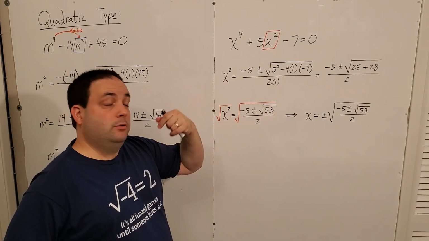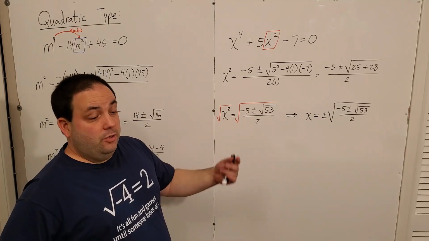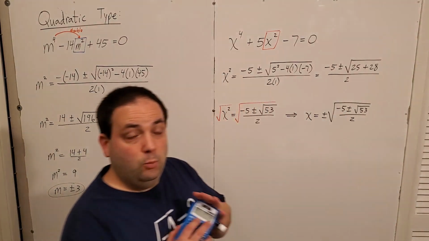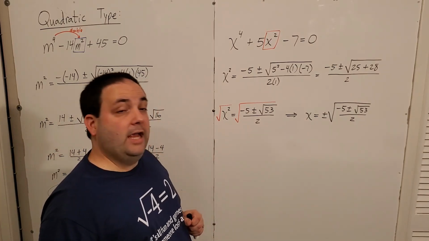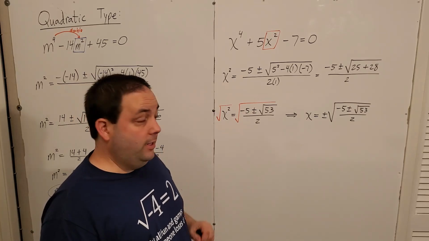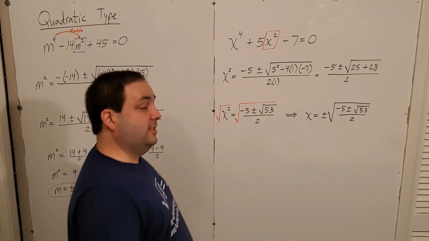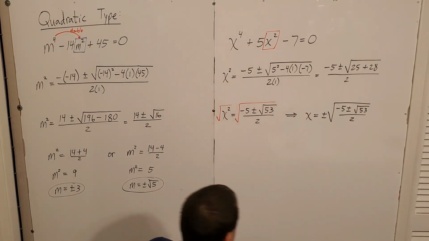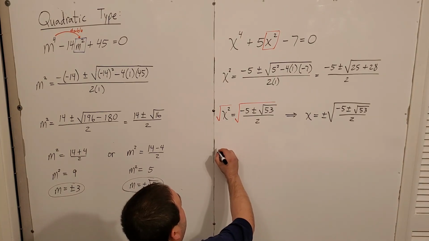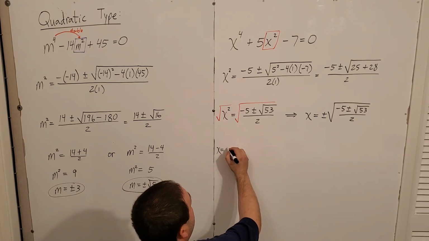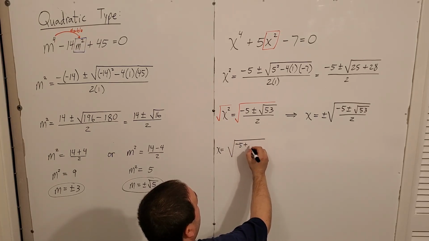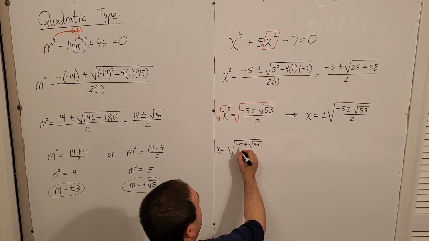Okay? However, if you need the decimals and you're willing to do some number crunching, then we can definitely find the actual numbers that go there, whether they're real or imaginary, actually. Okay? So let's go through that. Let's write down the 4 combinations. X could equal the square root of negative 5 plus square root of 53 over 2.